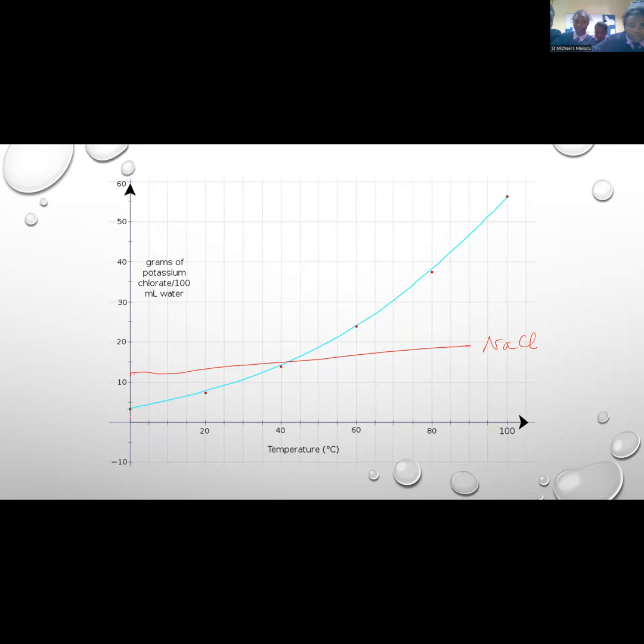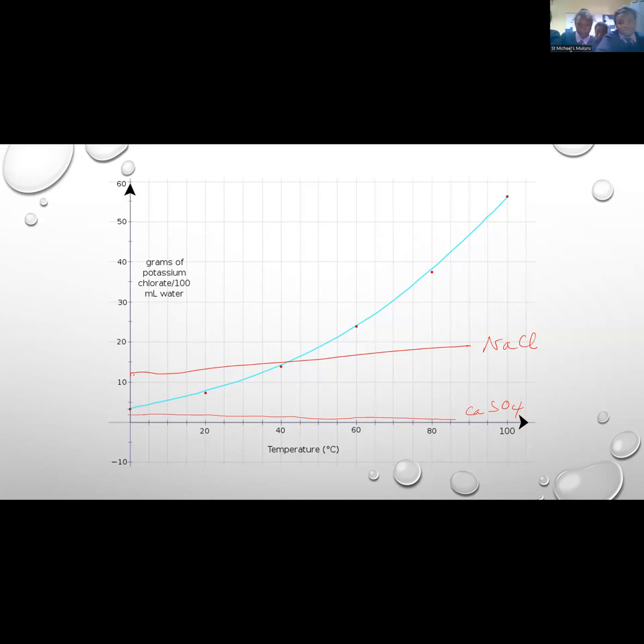Calcium sulfate is right down here. It starts really low and it goes really, really low and down. That's the calcium sulfate. And the last one is the sodium carbonate.